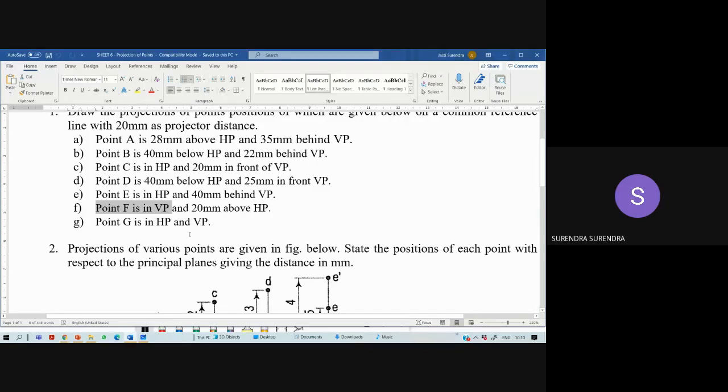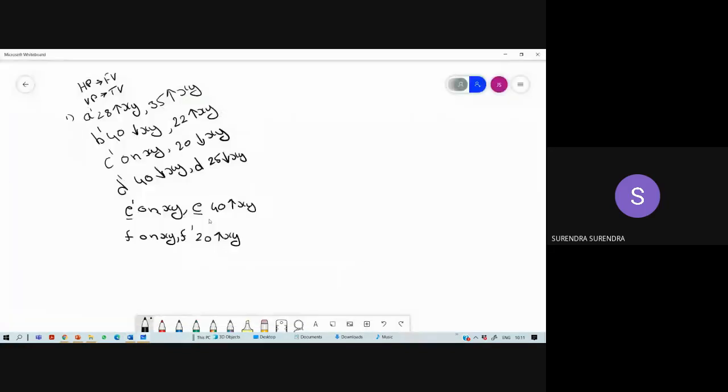Next, point G. Observe here, it is in HP and VP, means it is at the intersection point of horizontal plane and vertical plane. So both front view and top view on XY line.